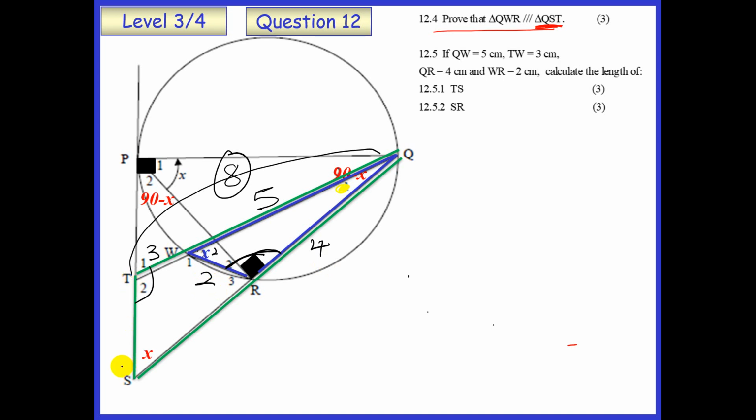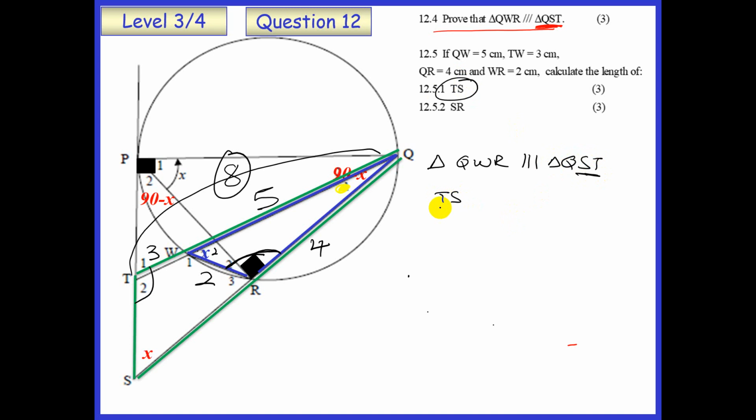So remember, I opened with this, we have proven that triangle QWR is similar to triangle QST. Now, if we want to find TS, let's look at where TS is. TS is sitting right there.